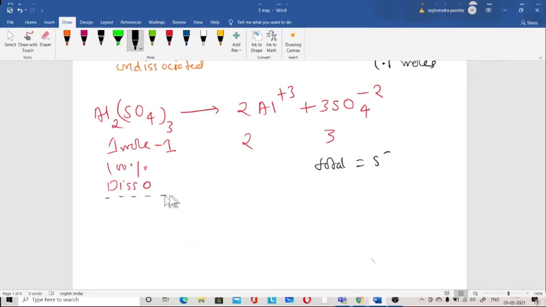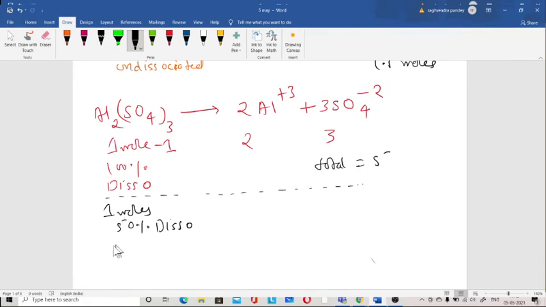Now in the second case, suppose I take 1 mole of this and 50% dissociation.